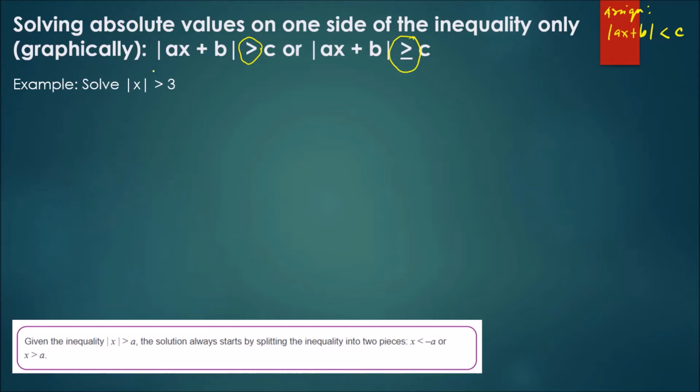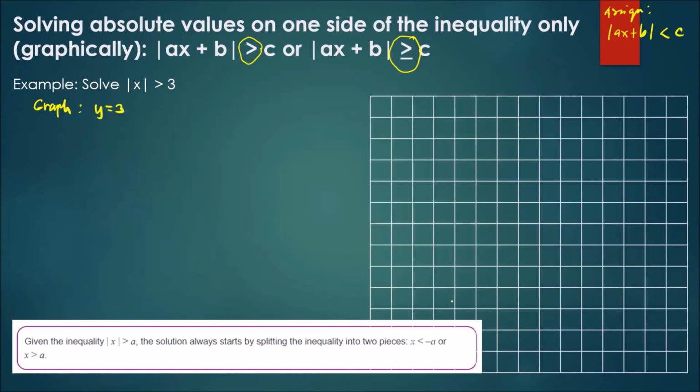So, the modulus is already isolated at one side. So, we graph y is equal to 3, right? So, if this is our x-axis, okay, and this is our y-axis.